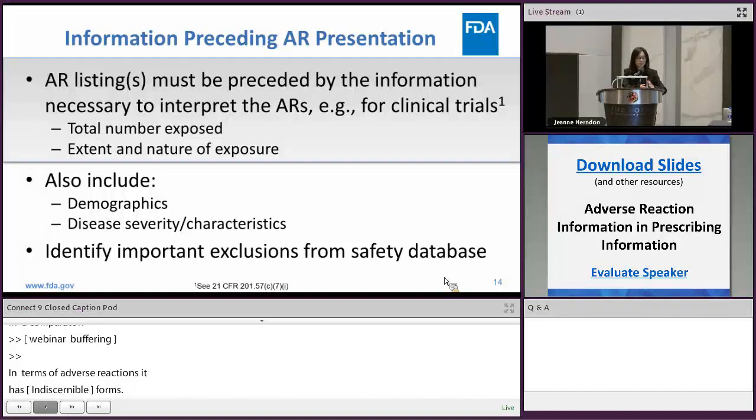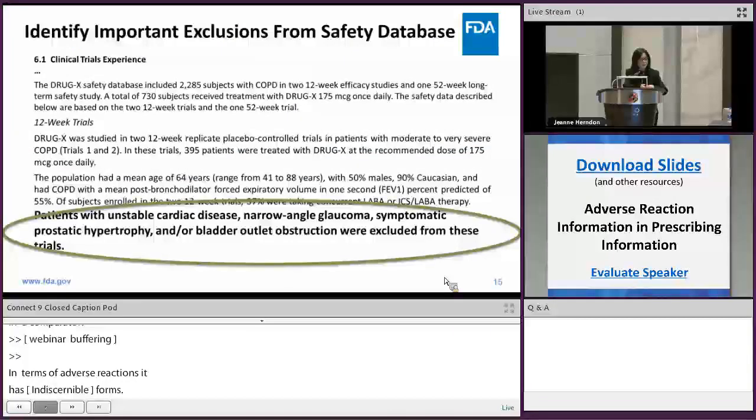That's commonly pretty obvious. One thing that people often forget to include or state are the important exclusions from the safety database. And so here's an example of a drug where, after describing the exposures and the demographics, here it goes into the important exclusions.